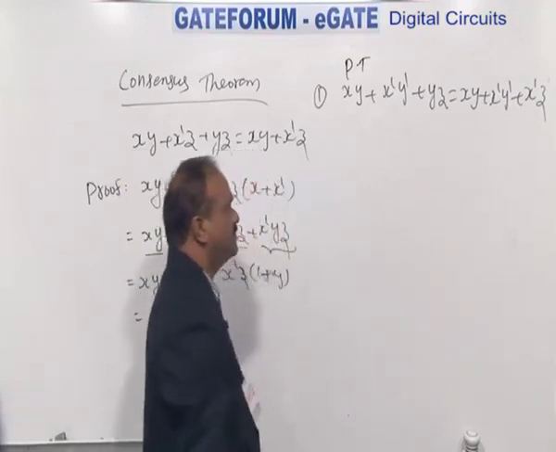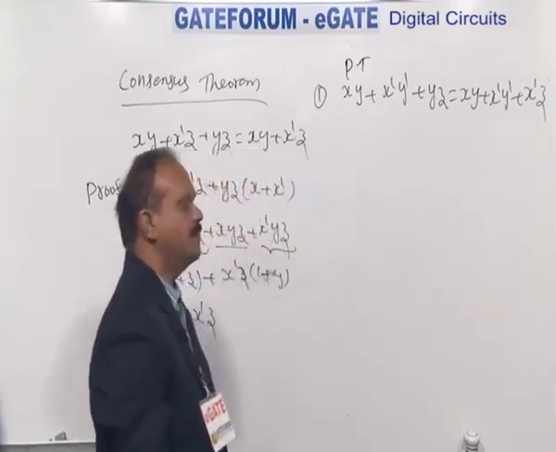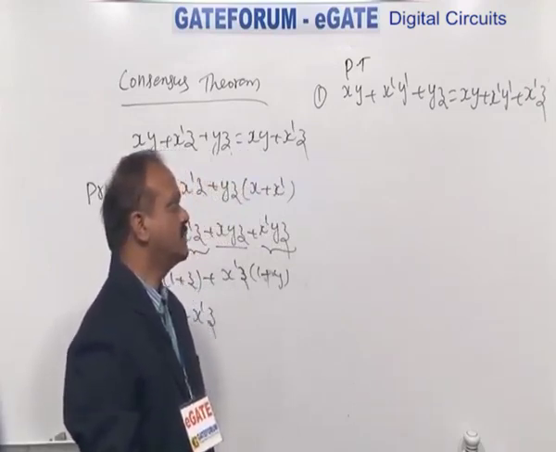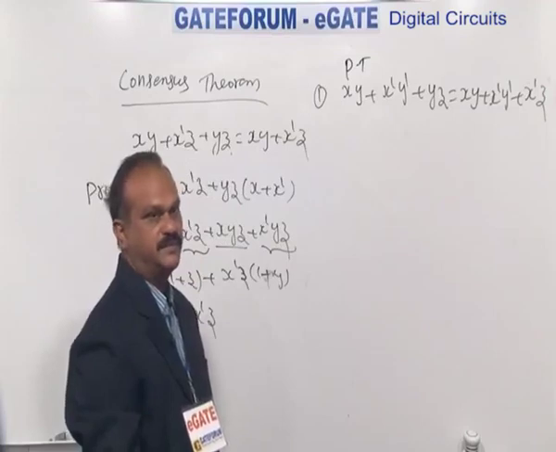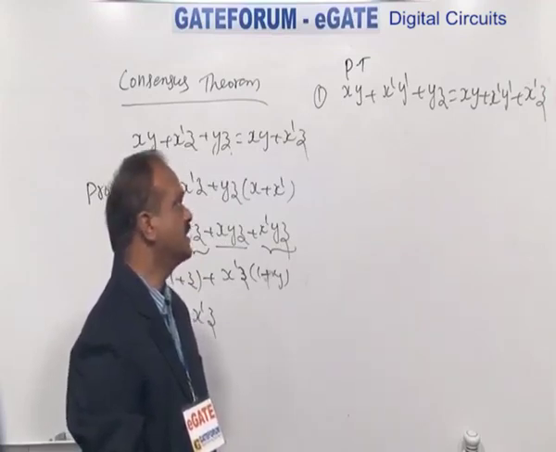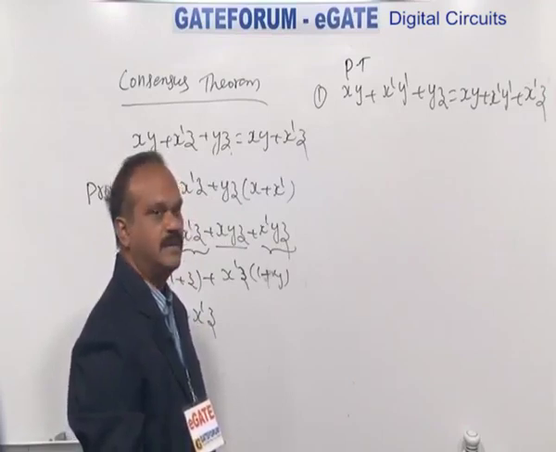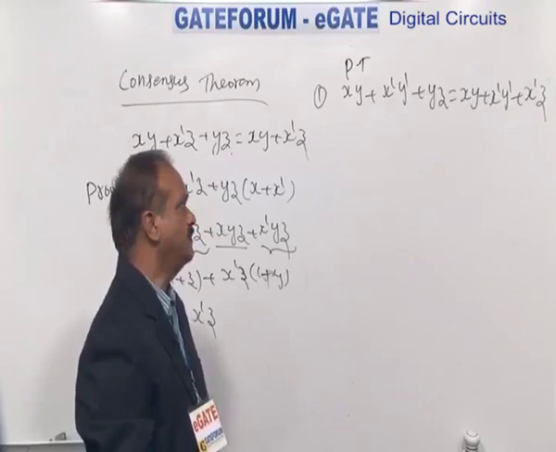So here you can observe that, if you take the left hand side, the first two terms are the same on both sides. xy plus x bar y bar plus yz, xy plus x bar y bar plus x bar z, the first two terms are the same.